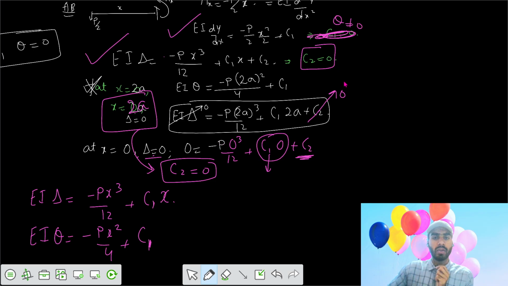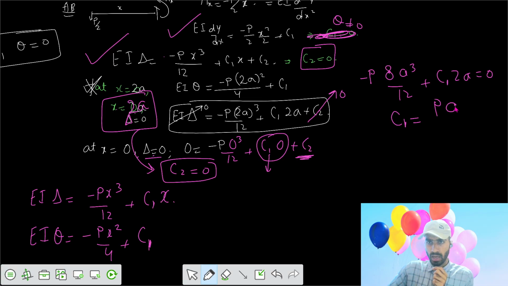To get the value of c1, we use the boundary condition that at x equals 2a your delta was 0. So your equation becomes minus P 2a cubed, that's 8a cubed by 12, plus c1 into 2a equals 0, which implies that c1 becomes equal to P a squared by 3.